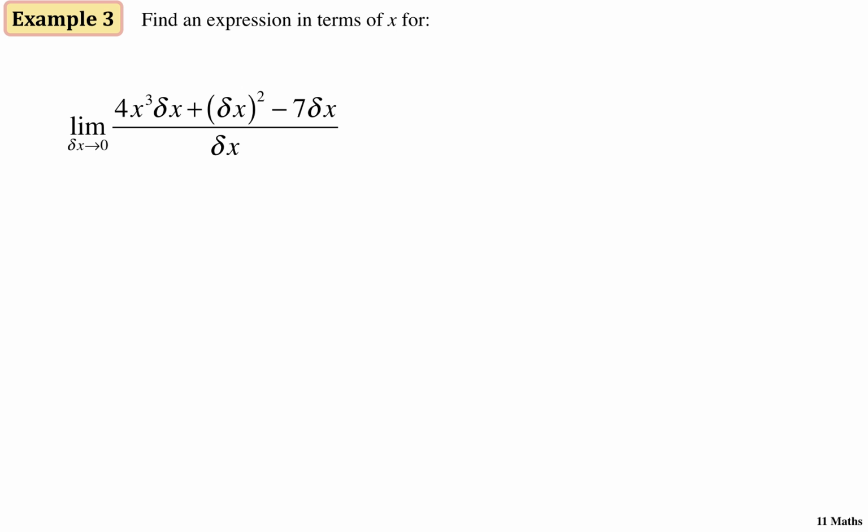So we need to look to see if we've got a common factor. Look at the top of my fraction. There's a delta x in the first part, there's delta x's in the second part, there's a delta x in the third part, so delta x is common. So I can take it out as a common factor. In the first part, if I take out the delta x, I'm left with 4x cubed. In the second part, if I take out one of the delta x's, I'm left with delta x. Take out the delta x, I'm left with a minus 7.